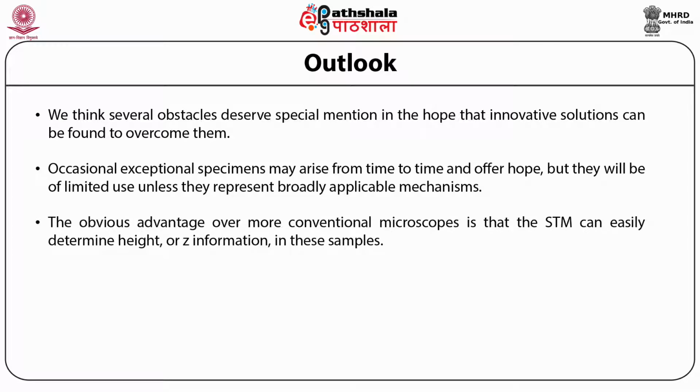The obvious advantage over more conventional microscopes is that the STM can easily determine height or Z information in these samples. But the drawback is that a replica is not the original structure, and it is not realistic to hope for resolution at the level of atoms or small molecules with such methods.